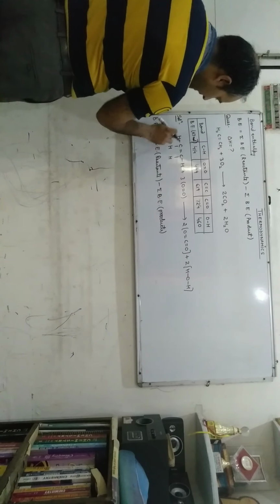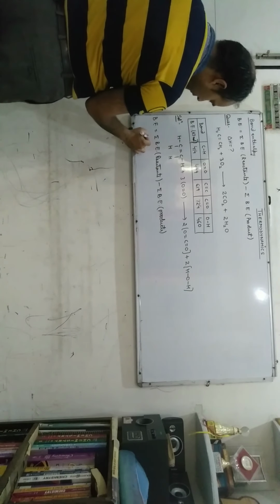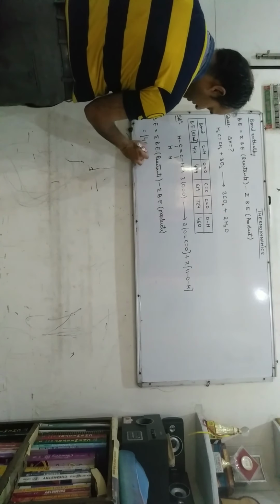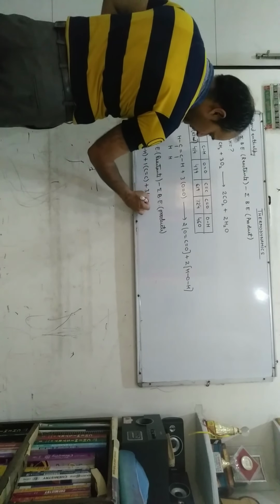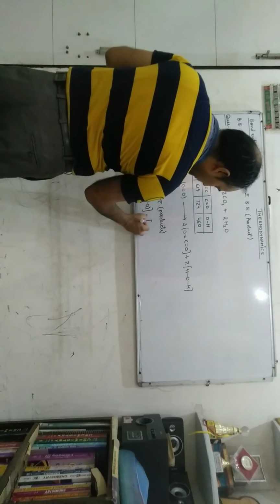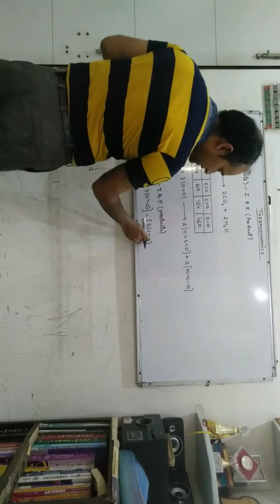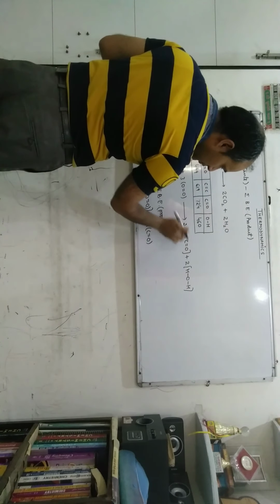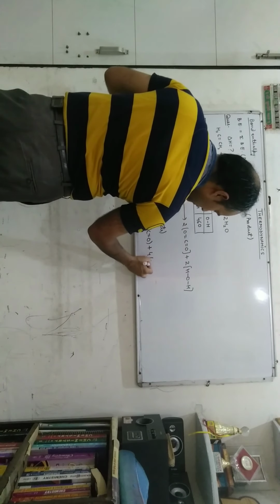Now here we notice 4 C single bond H bonds, 1 carbon double bond carbon bond, and 3 O double bond O bonds. These are the reactants. Now the products are 4 C double bond O bonds, because 1 and 1, 2 and 2 multiplied by 2 gives 4, and 4 O single bond H bonds.